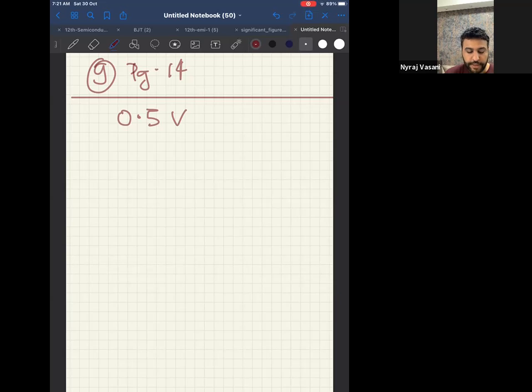Full stop. The current in excess of 10 milliampere produces heat which damages the diode. Full stop.